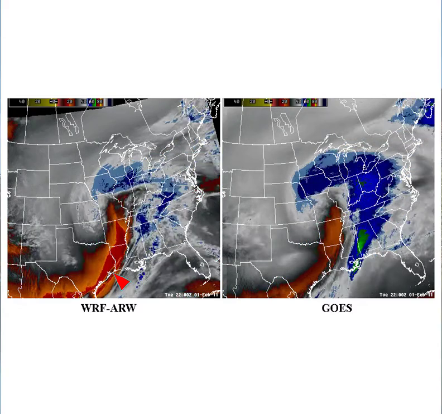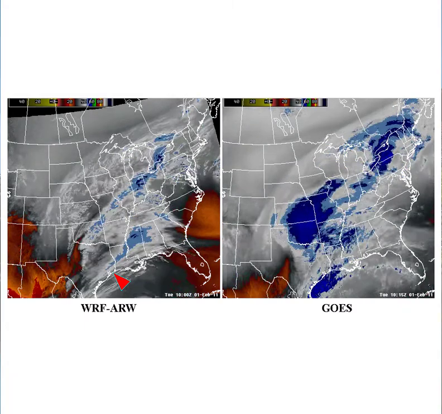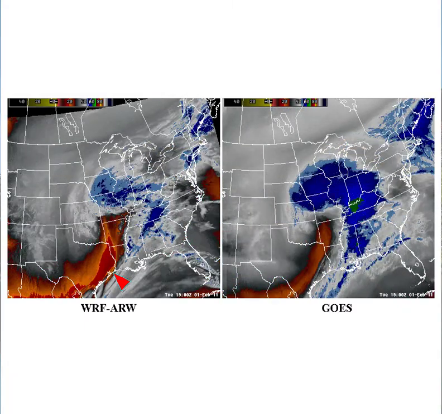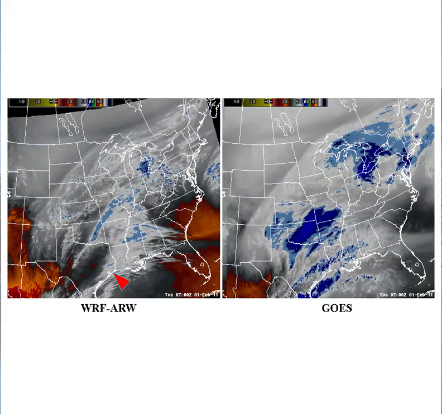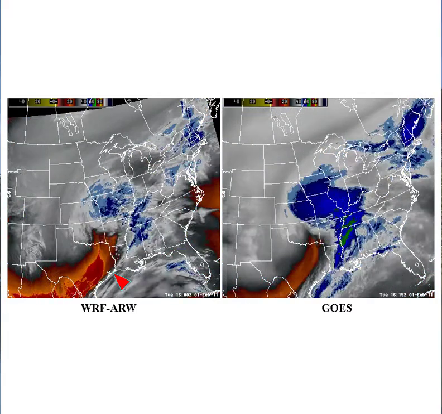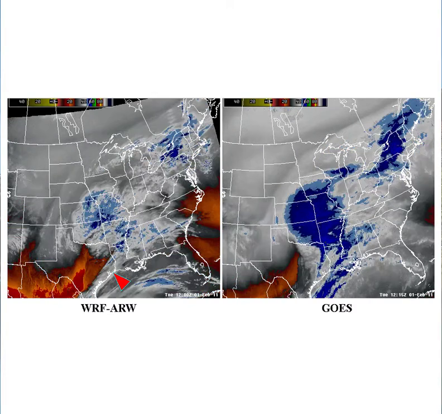Another bias is the aerial coverage of the colder cloud tops that are typically underdone in the synthetic imagery. Given these biases, we can begin to look at important signatures related to cyclogenesis. For example, early in the loop, I'll advance it to right here, we can see a baroclinic leaf in the Kansas, Missouri, Oklahoma, and Arkansas region.